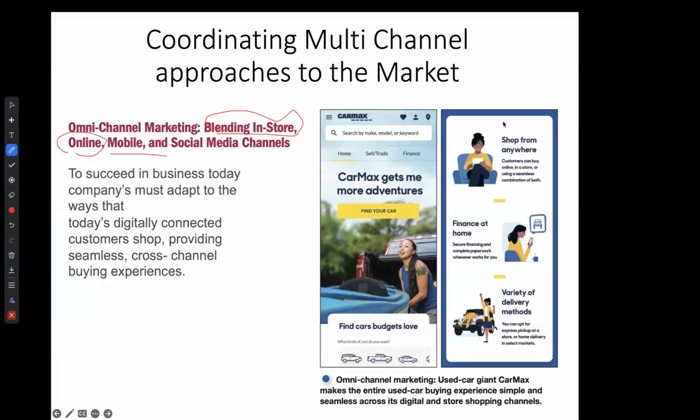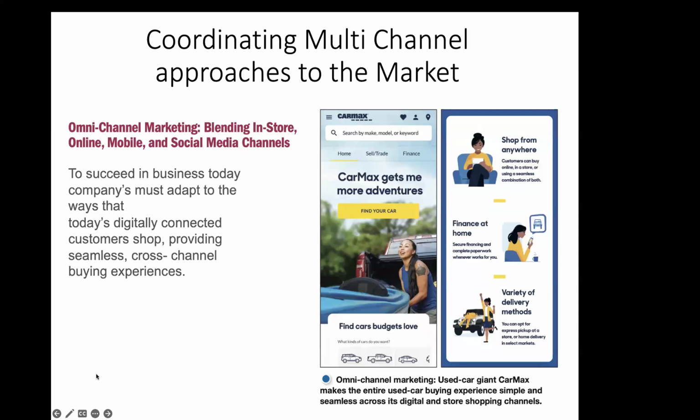You'll use mobile, maybe a mobile app, right? You'll use social media channels. You'll use exhibitions. So many channels can be used. To succeed in business today, companies must adapt to it, and it must be multi-channel, cross-channel based experiences and selling.